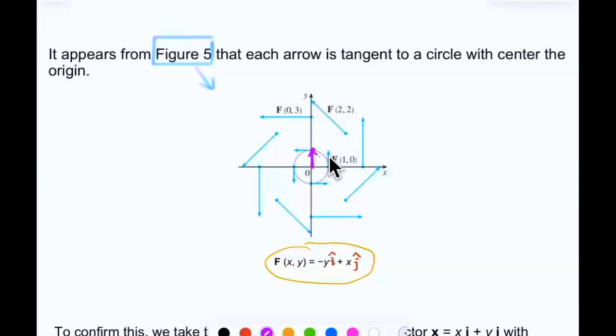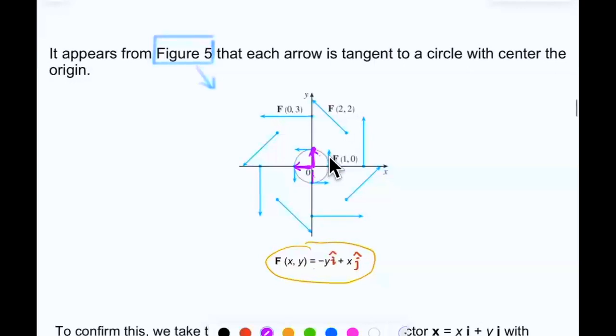And this one here is the position vector of that one, and the position vector of that, and of that. That is the position vector x bar, right? Now if I can show that x bar and this vector associated with this point are orthogonal, then I show that this is tangent to this circle, right?